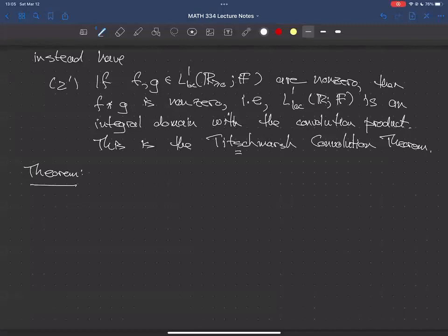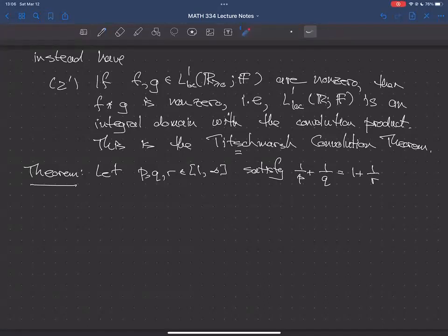There's this peculiar condition that shows up, and it looks like this. The condition is that 1 over P plus 1 over Q is equal to 1 plus 1 over R.